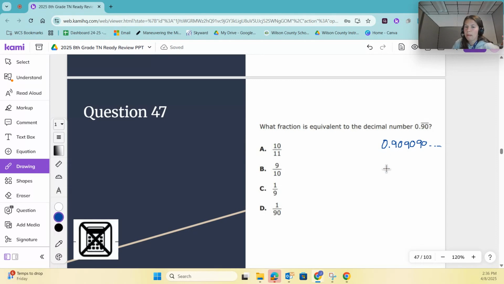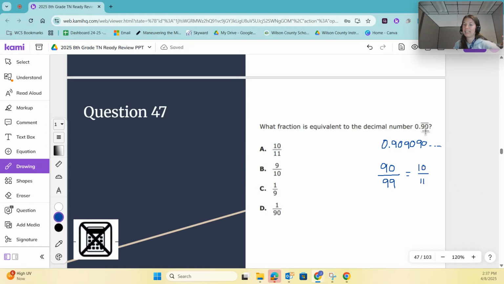Now, if you remember, when we turn repeating decimals into fractions, we put the numbers that are repeating over the same number of nines. So in this case, we would put 90 over 99. Two numbers that are repeating, so we put it over two nines and simplify. This would simplify to 10 over 11.